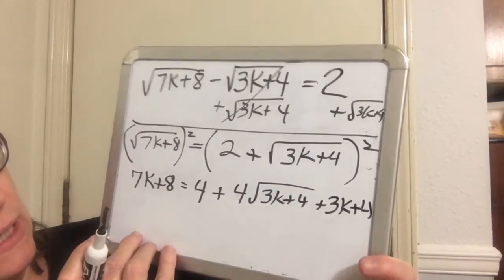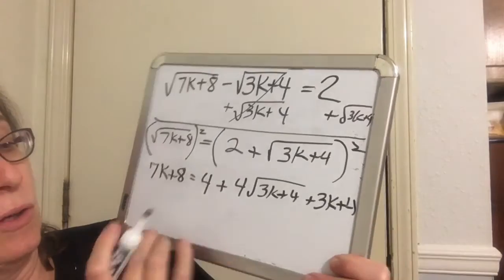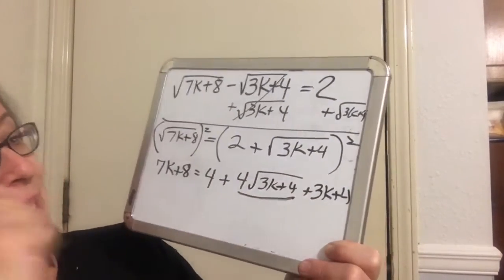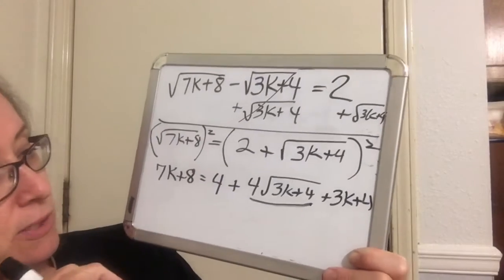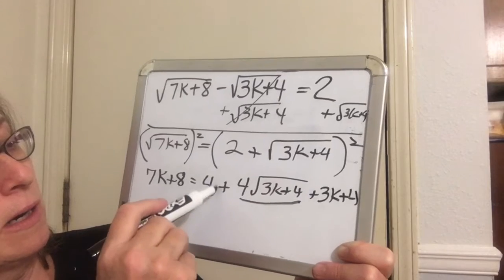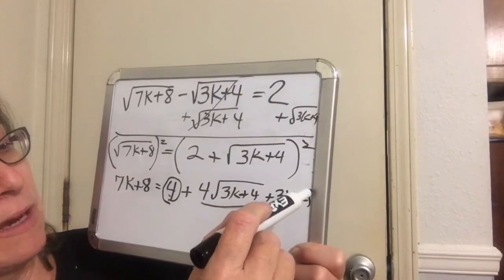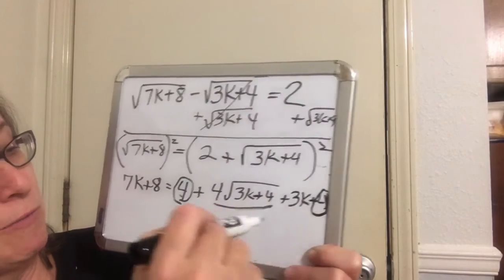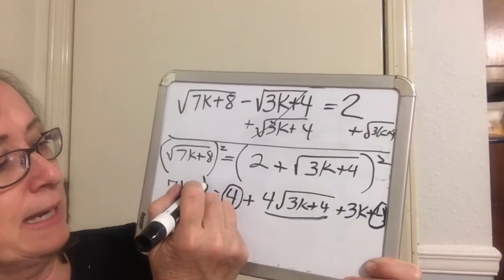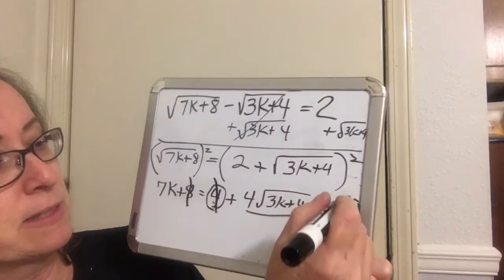So now I look and say, what can I do? Because I really want to get this all by itself on one side, and get everything else over to the other side. Notice that I have a 4 plus a 4. Well, 4 plus 4 is 8, and on the other side I have an 8. So can I cancel the 8 with the 4 plus the 4?